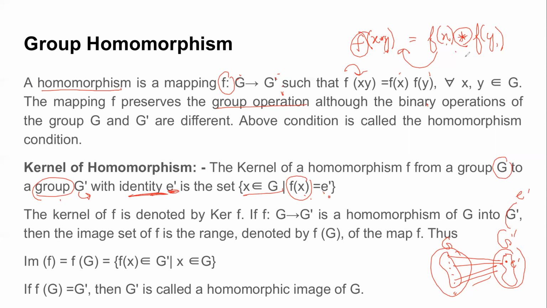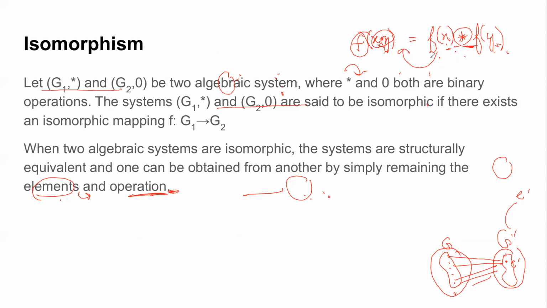That means applying the binary operation on the two values individually and then applying the function, or applying the binary operation and then the function, both give the same answer. After that we see the kernel of a homomorphism, the set of all the elements which are mapped to the identity element of the other group. So that is your homomorphism. Now let us see what an isomorphism is.